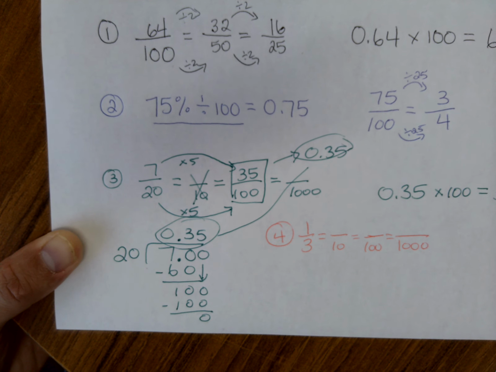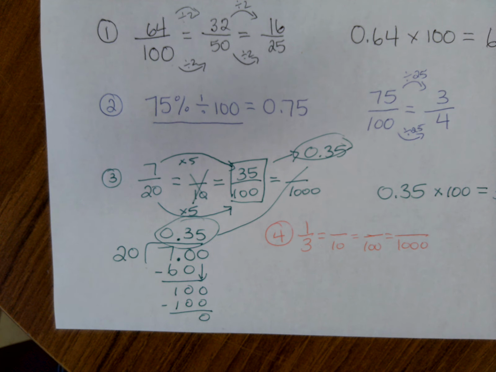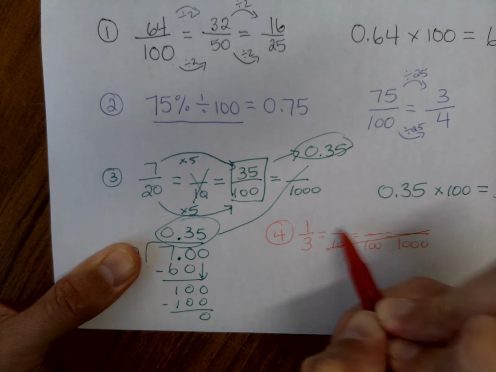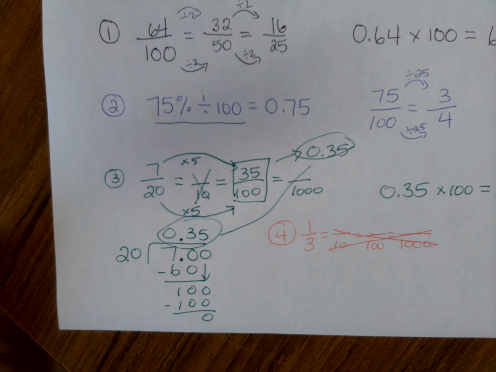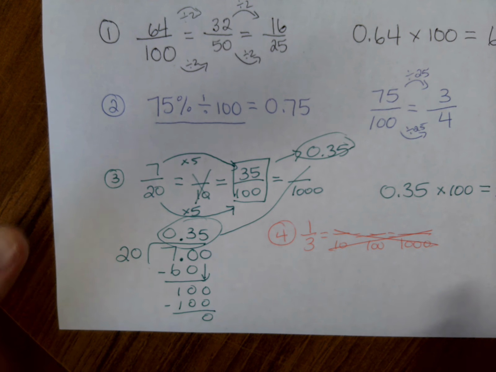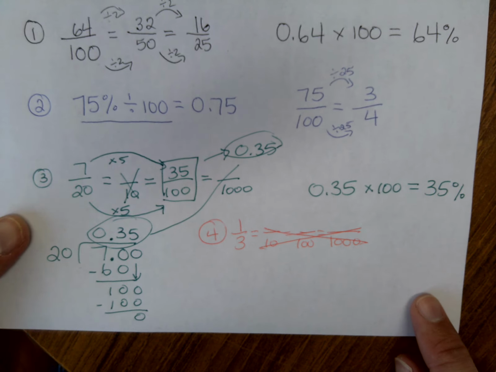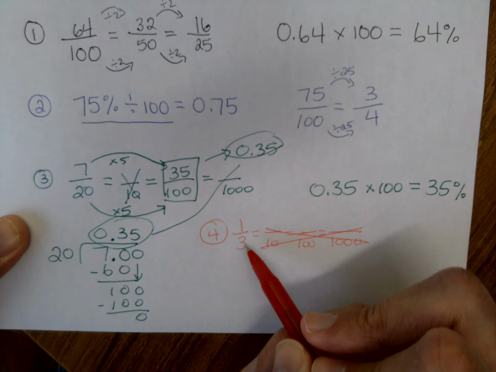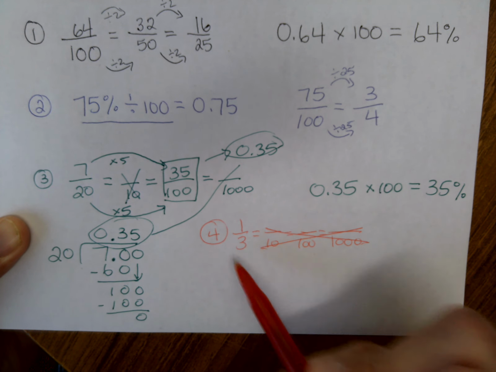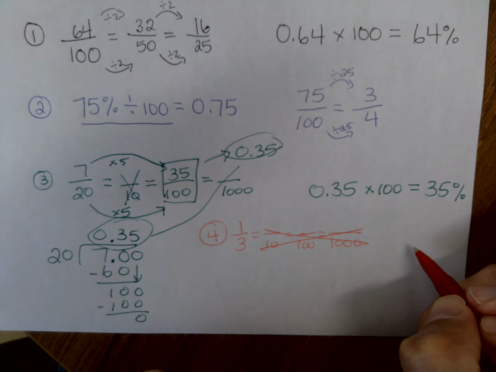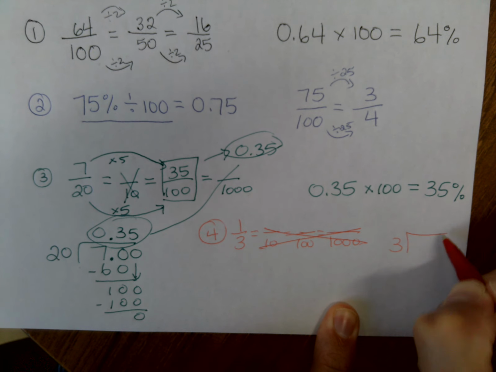And in this case, I can't multiply 3 by any number in order to make it equal to 10 or 100 or 1,000. So I can't use my strategy of finding an equivalent fraction for this particular problem. So I'm forced to divide. And again, I'm going to divide 1 by 3. Let's set up my equation.